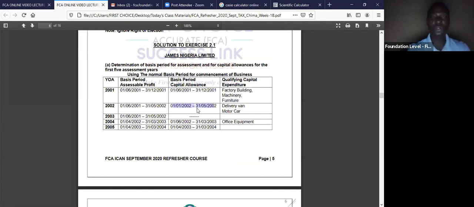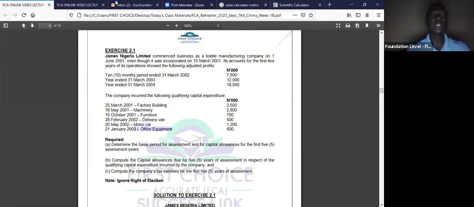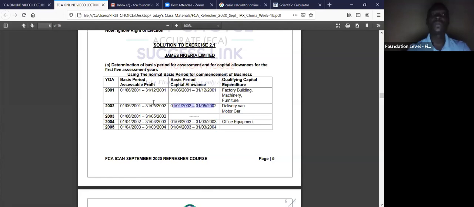This is also May 2002, so it qualifies motor van. Let's check again. We have office equipment, January 2003. So we'll go to where we have January 2003. Obviously, it's here we have January 2003. So office equipment is here. And so that's the last asset that was recorded.